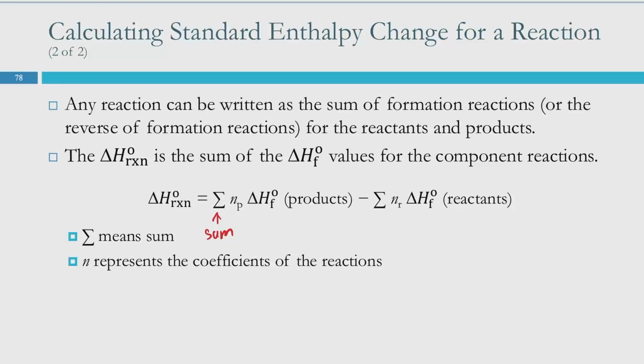If you've got other ones, you would also add the coefficient times that delta H. For that, just copy paste as many times as you need. And then we're subtracting from that the sum of the coefficients times the delta H values for our reactants. Same idea, if you've got one reactant, you have one of them. If you've got multiple, you can add them all up together.